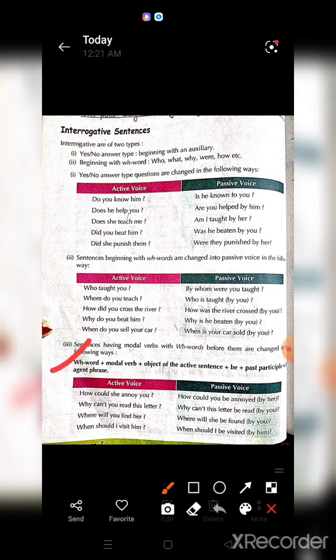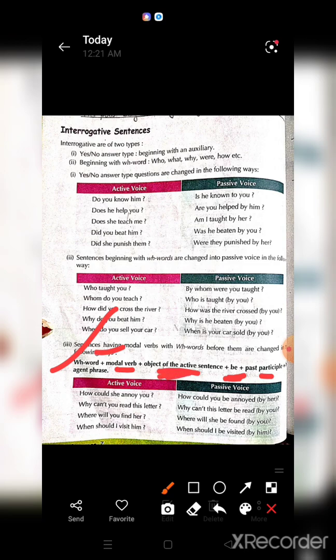And if the question is modal, then first we will write the WH word, then the modal word, then the object, and then the be verb, and then the past participle verb, and then the agent. So don't forget to write be if there is a modal verb, but we will not write it directly after the modal.